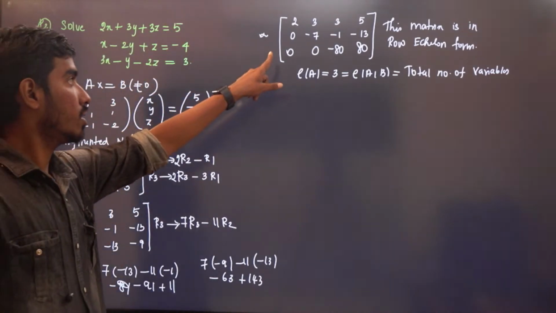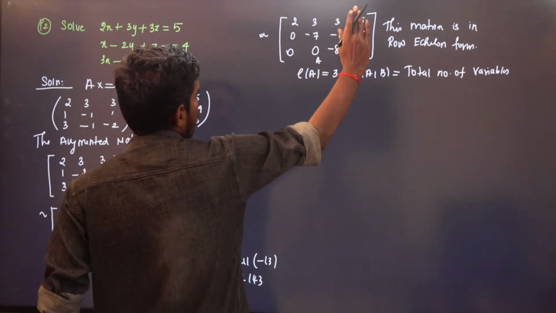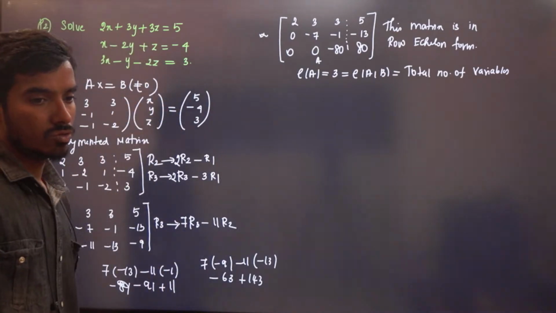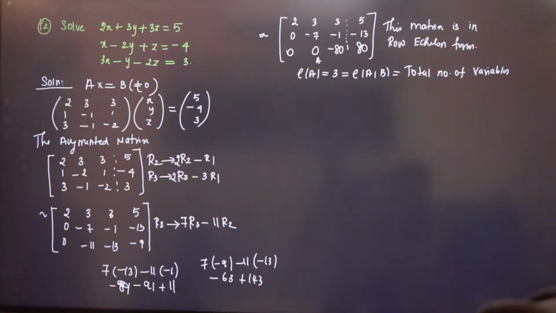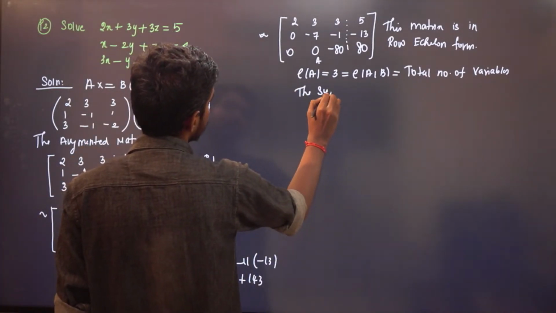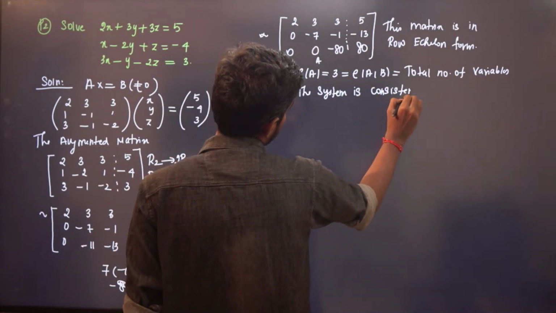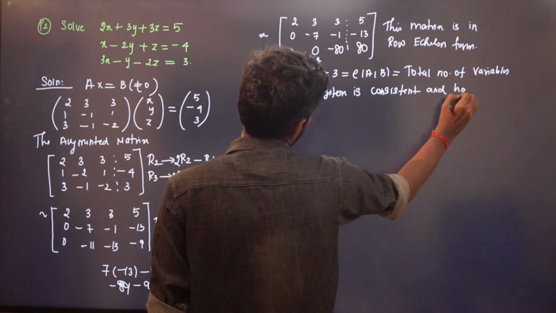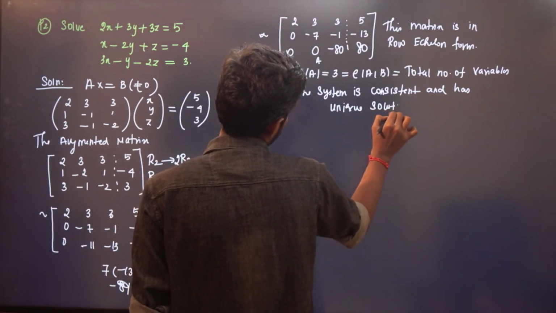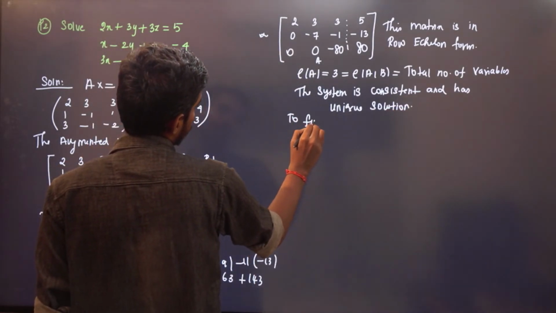Thus, when you consider matrix A, the rank is 3, with 3 non-zero rows. When you consider the augmented matrix also, the rank is 3. So therefore, the rank of A and the rank of [A|B] are both equal to 3. The system is consistent and has a unique solution.